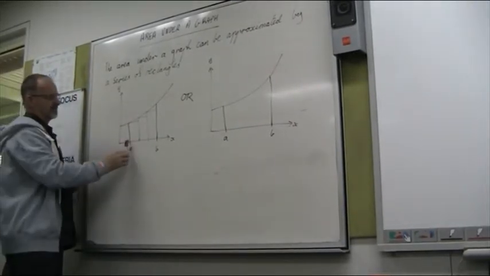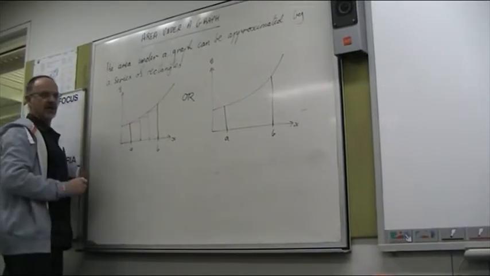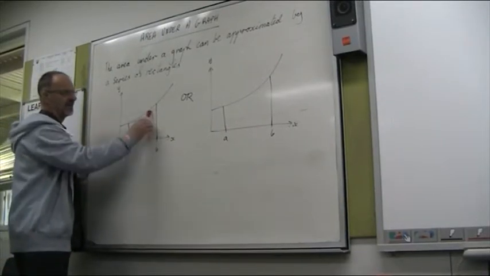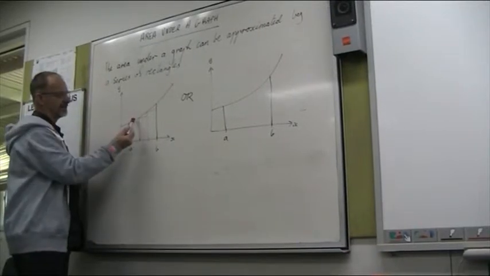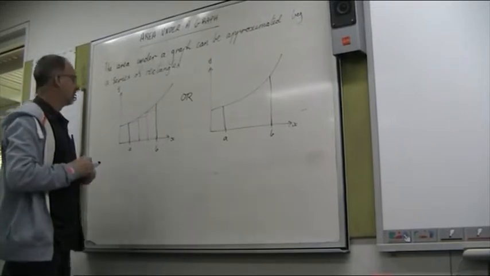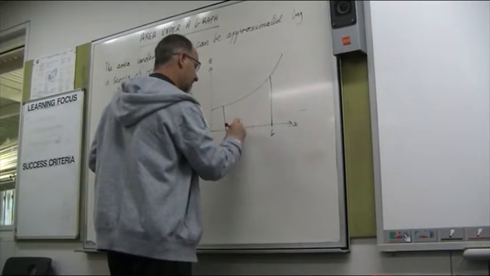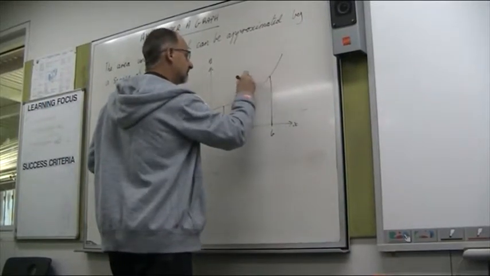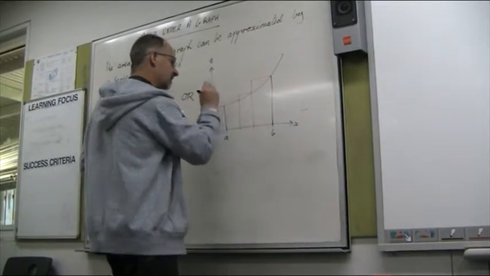All right, so some little rectangles are here. This corner touches the graph. So our area would be approximated by the area of those three rectangles. Now quite clearly it's a little bit short because you've got these bits up here. Alternatively we could create some other rectangles, like this.